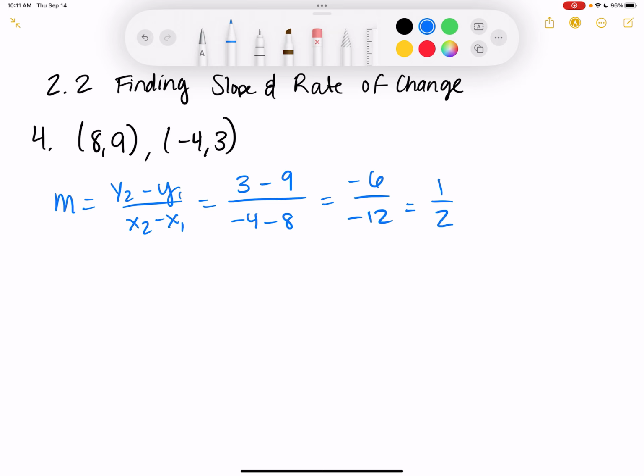And so is that rising, falling, horizontal, or vertical? Rising. So it's positive, so it's rising. Let's see. -6, 5, and -6, -5.